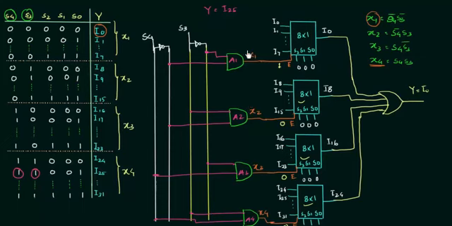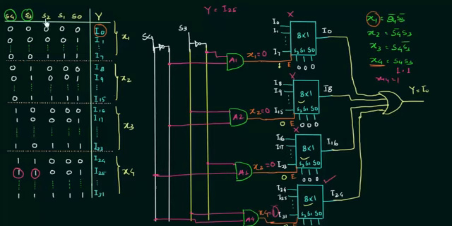It means x1 is going to be 0, x2 is going to be 0, x3 is going to be 0, and x4 is going to be 1, because x4 is S4 and S3, S4 is 1 and S3 is 1. It means x4 is equal to 1. Simple. And we have enable equal to 0 for the first mux, so it is not operational. In the same way, the second mux and the third mux are also not operational, but the fourth mux is operational because enable is equal to 1.